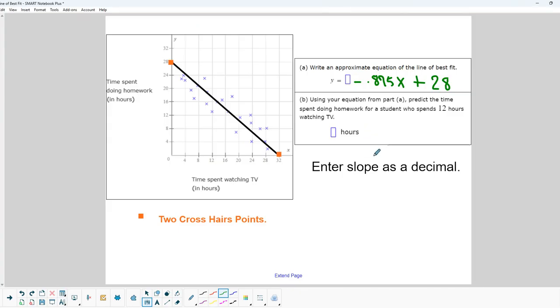And when we calculated about how much it would take for 12 hours, we just did negative 0.875 times 12 plus 28. And that's how we got our answer.